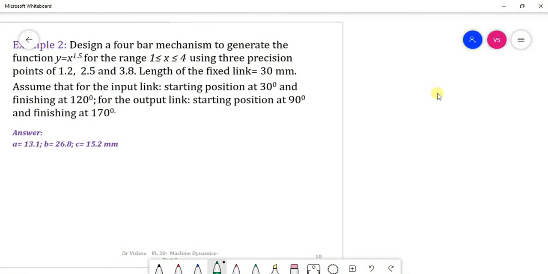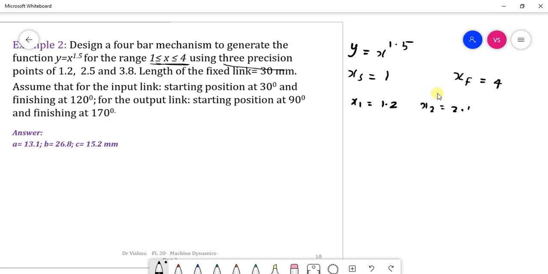So what is given to us is a function y equals x power 1.5. This range 1 to 4 means xs, starting of x, is at 1 and finishing of x is at 4. 3 precision points means x1 is 1.2, x2 is 2.5 and x3 is 3.8.